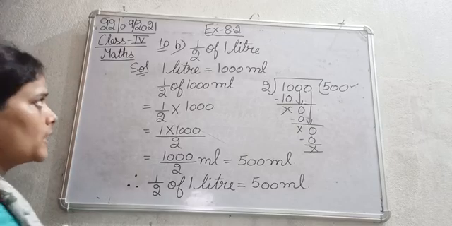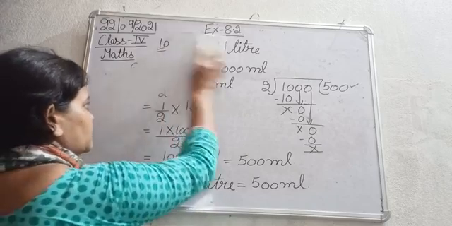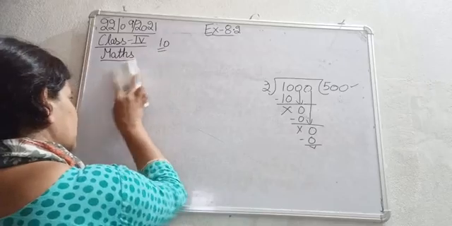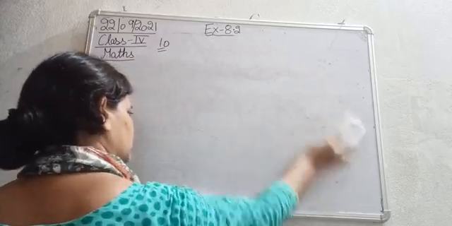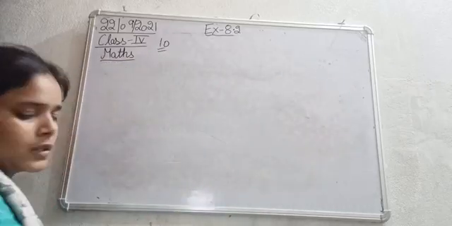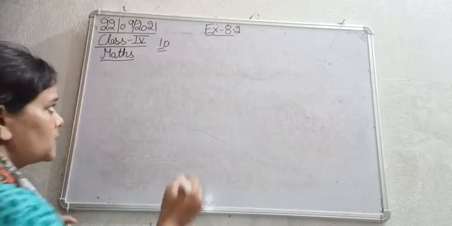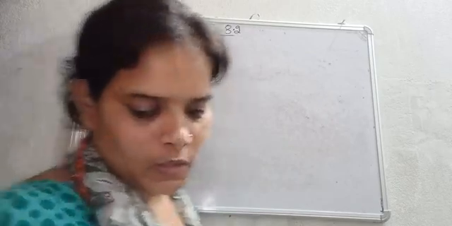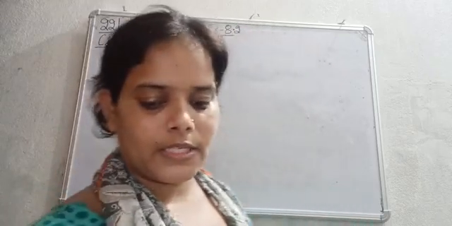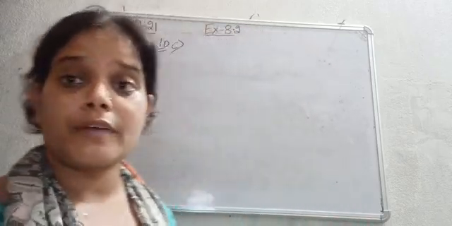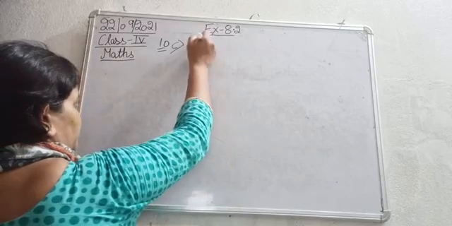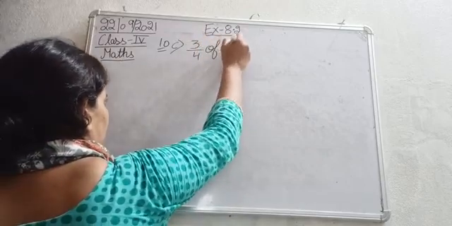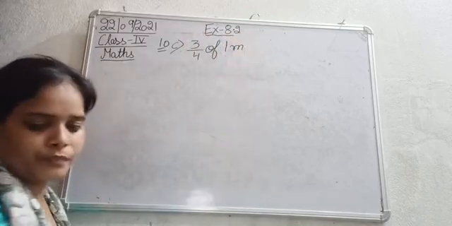Moving next to the C part. The C part is 3/4 of 1 meter.